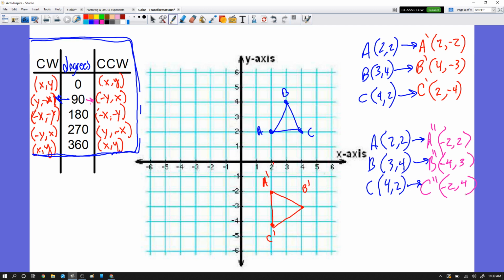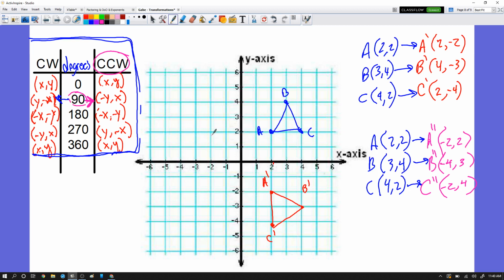I'm not doing any math. I'm simply using the table. Literally taking the original coordinates, seeing what the question's asking, rotate triangle ABC counterclockwise 90 degrees, doing that to the coordinates.